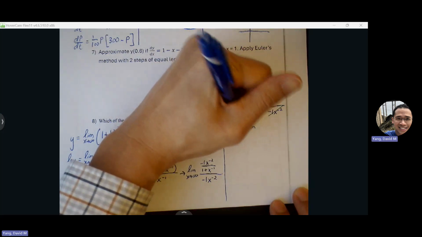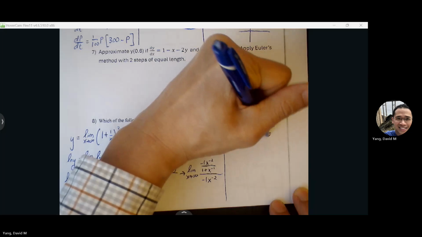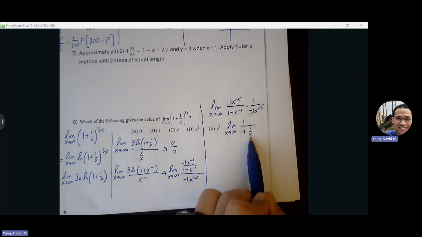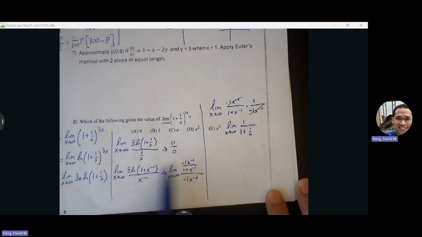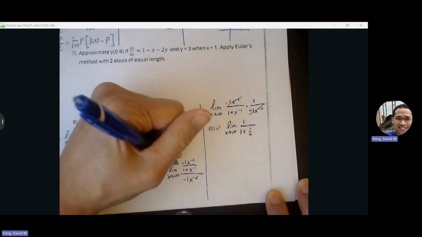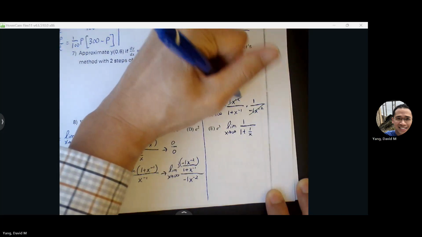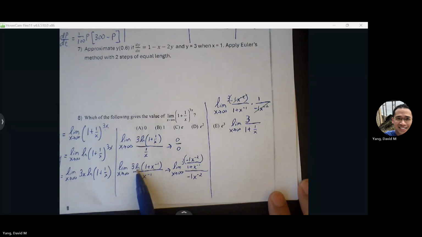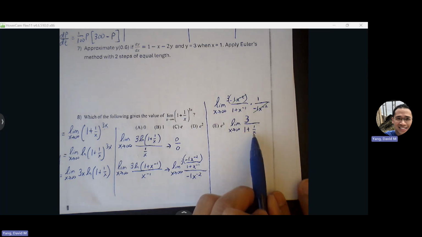So let's evaluate the resulting expression's limit. If I plug infinity in for x, oh wait, sorry, I left out that 3. So u prime over u, but that coefficient of 3 needs to stay. All right. So infinity in for x, 1 over infinity is basically 0.